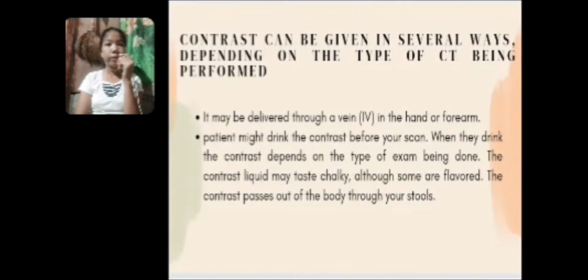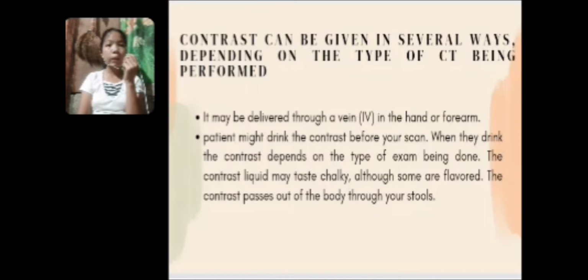Contrast can be given in several ways depending on the type of CT being performed. It may be delivered through a vein, the intravenous, in the hand or in the forearm. It can also be given by mouth, or orally. The patient might drink the contrast before the scan. When they drink the contrast depends on the type of exam being done.